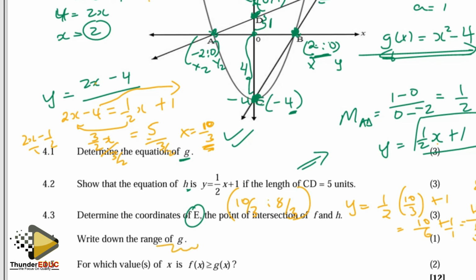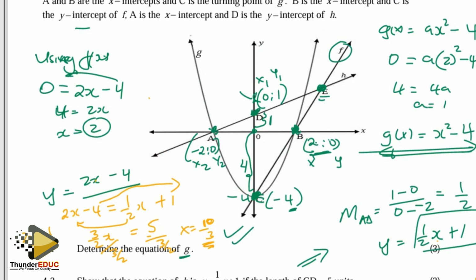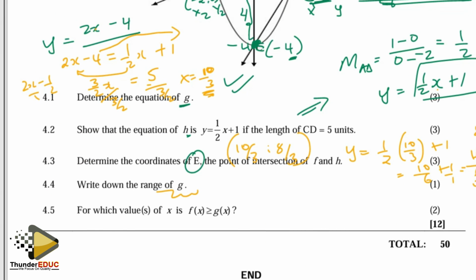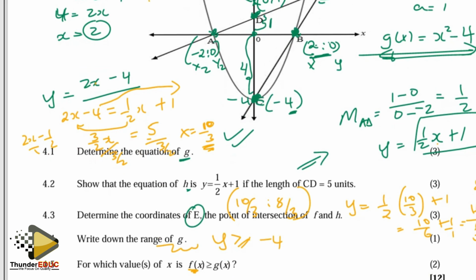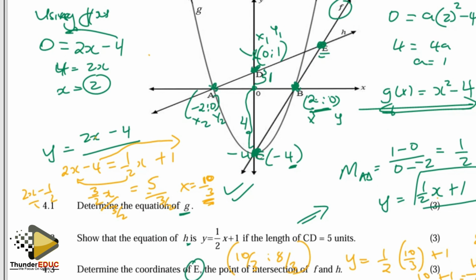Then the range of G, what is G? G is the parabola. So we said y must be greater or equal to negative 4, since this is a smiling parabola. And then for which values of x is f of x greater than g of x? At this point, where is the graph of f on top?